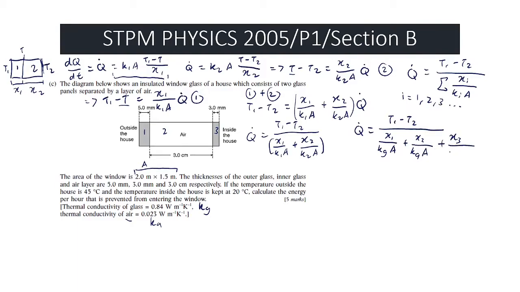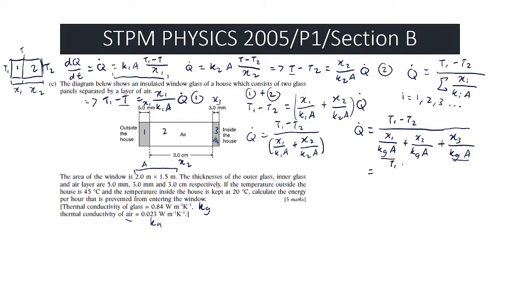The x3 has kg because you can see layer 3 is also made out of glass. And x1 is given by the distance for layer 1, x2 for layer 2 and x3 for layer 3. You can see the kg A in the denominator is the same for layers 1 and 3.